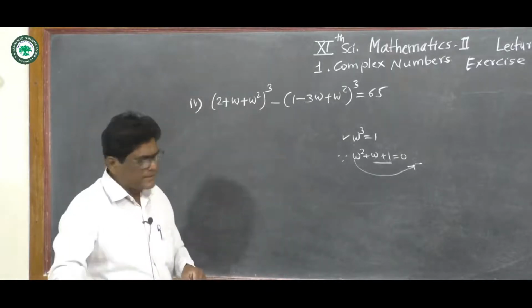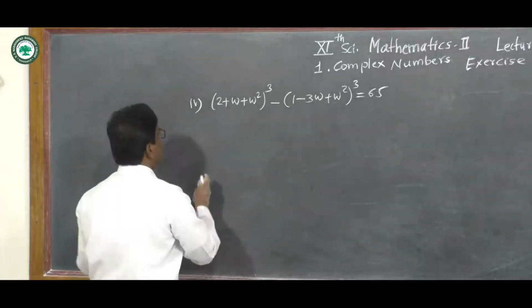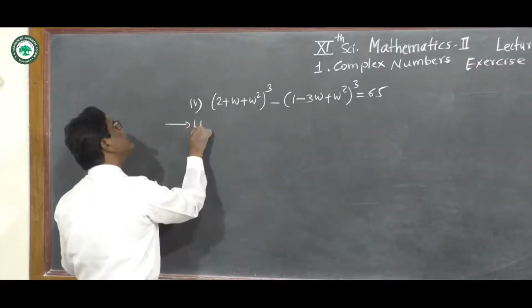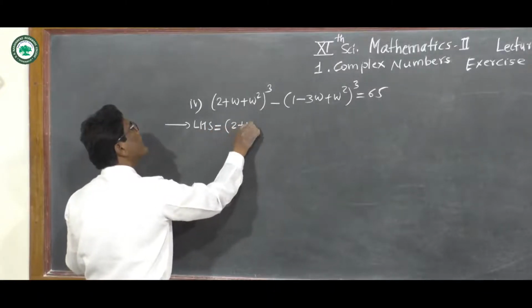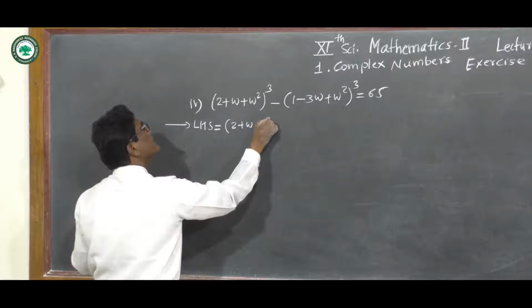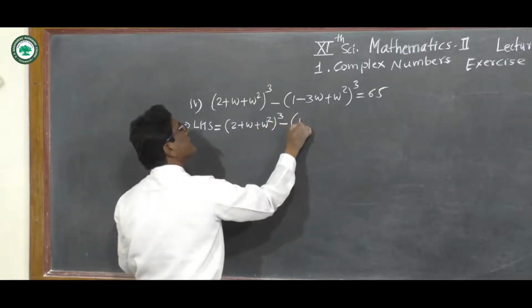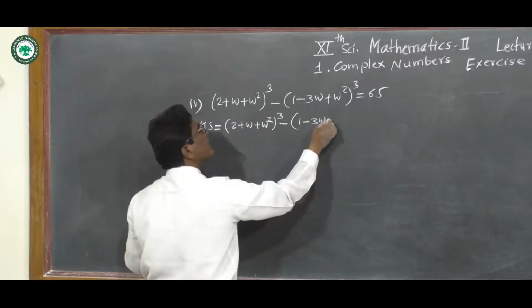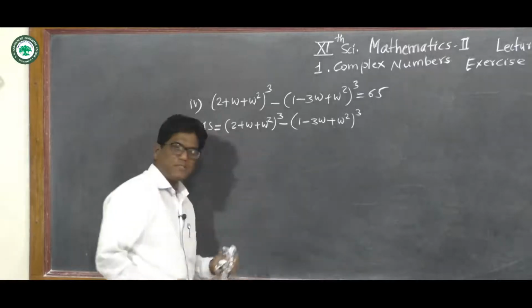Now take the left hand side. LHS is equal to 2 plus omega square to the power 3 minus in the bracket 1 minus 3 omega plus omega square to the power 3.